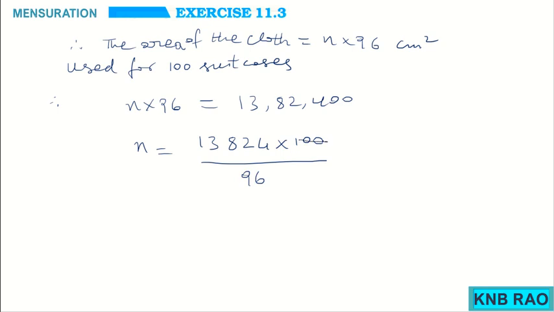On simplification, 24 cancels with this, and dividing step by step, we get 3,456.